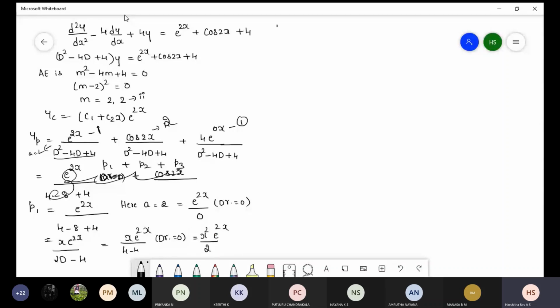Next P2, cos 2x divided by, here also a is equal to 2, d square must be replaced by minus a square, means minus 4. So here also minus 4 minus 4d plus 4, 4 get cancelled, minus 1 by 4 integration of cos 2x, because reciprocal of the differentiation is integration.